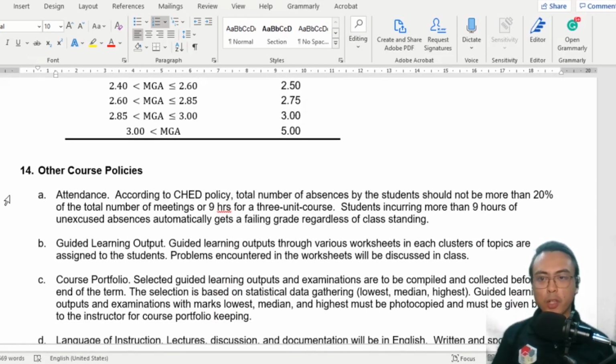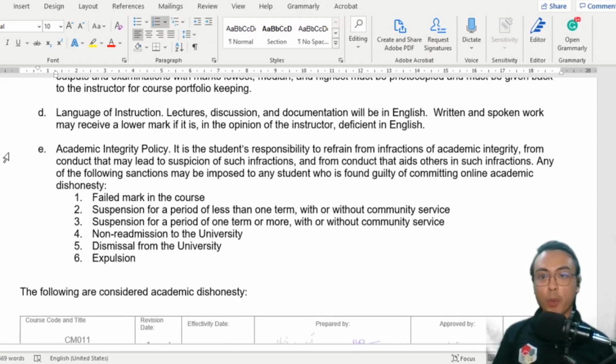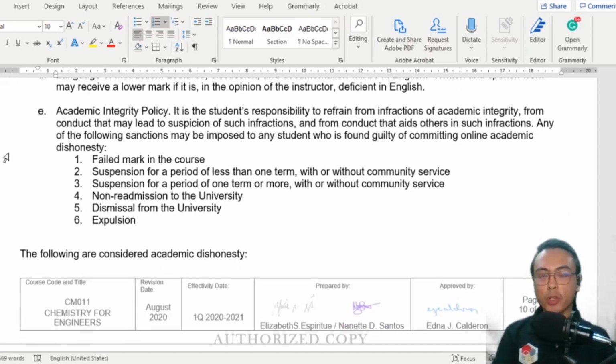Next, other course policies. For our attendance policy, I have already mentioned this earlier. If you are absent for an entire module, then you automatically fail the course. Next, the most important course policy is this academic integrity policy. Okay? So I want you to read this carefully because this might be the reason why you fail the course.